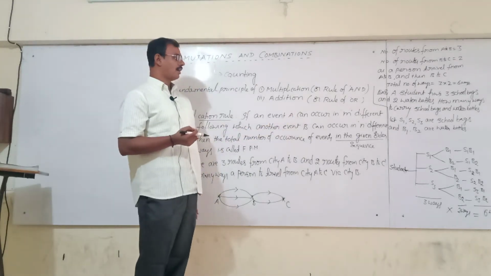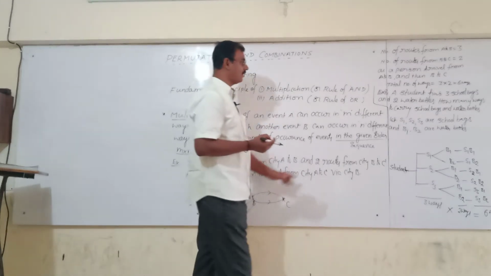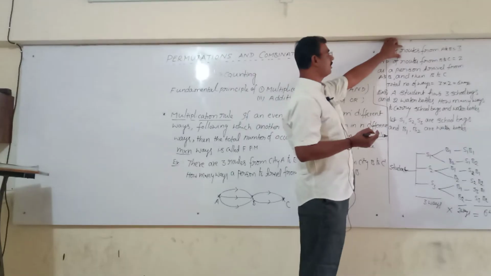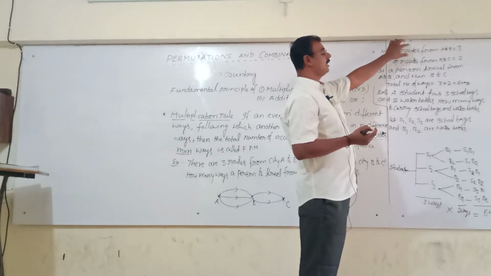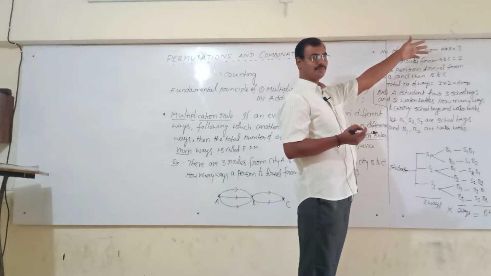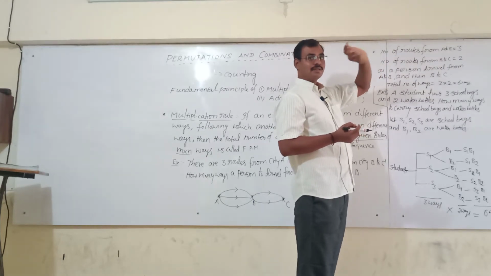I hope you understand. Once again I repeat the definition. If an event A can occur in m different ways, that is the first event. Here, he travelled from A to B in 3 ways. He does not stop here.